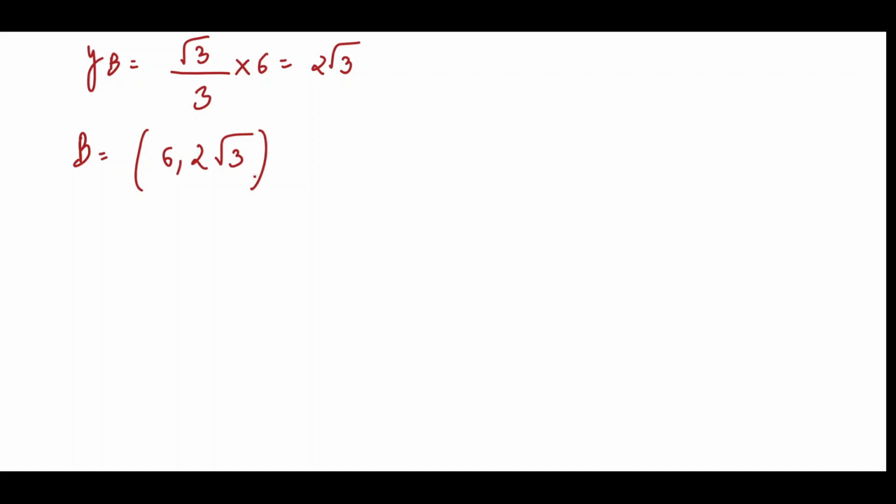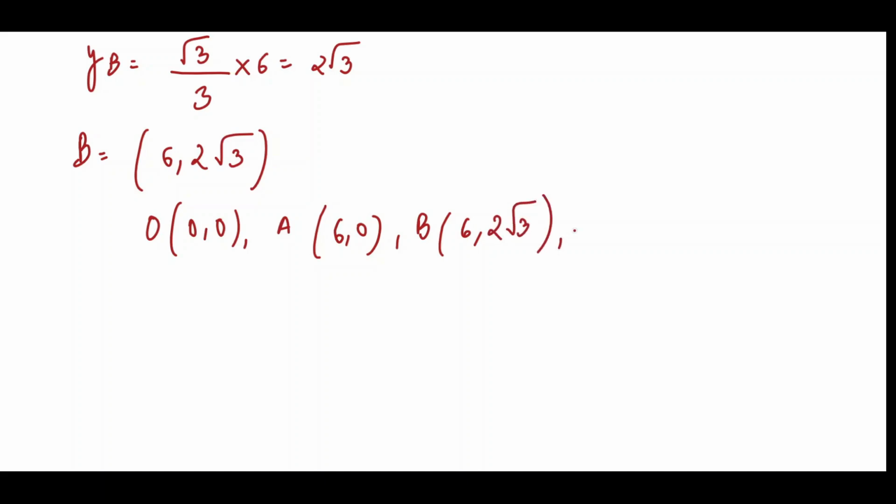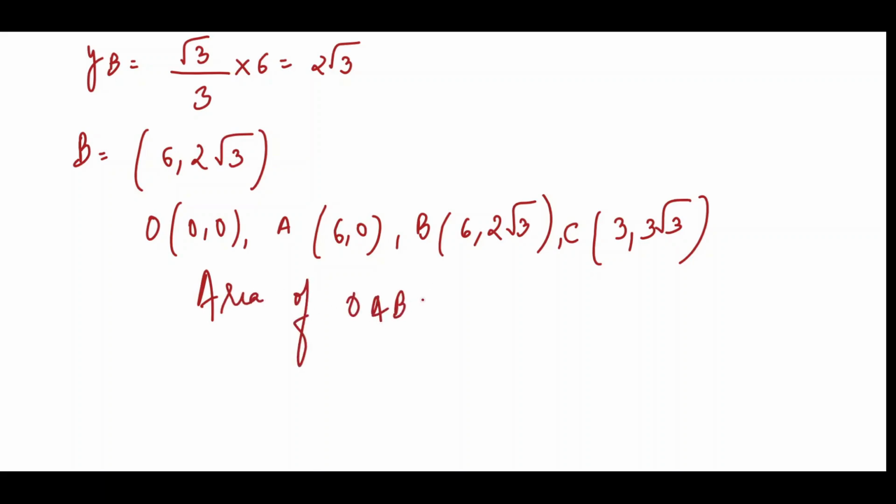Now we have the coordinates of B. Now we have all the coordinates of the quadrilateral in order, right? So the coordinates of O is 0, comma 0, A is 6, comma 0, B is 6, comma 2 root 3, and C is 3, comma 3 under root 3. Now, since the vertices are in order, can you find out the area of this quadrilateral OABC?